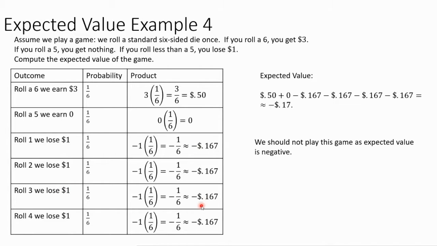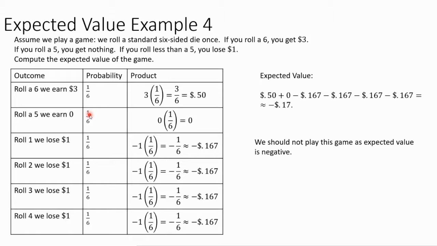And so finally, to get the expected value, we add up the products. We have 50 cents plus 0, and then these are negatives, so that's the same thing as subtracting. If we did this, we end up getting about -0.17 dollars. So since this is negative, in the long run, this is not the game we should be playing.